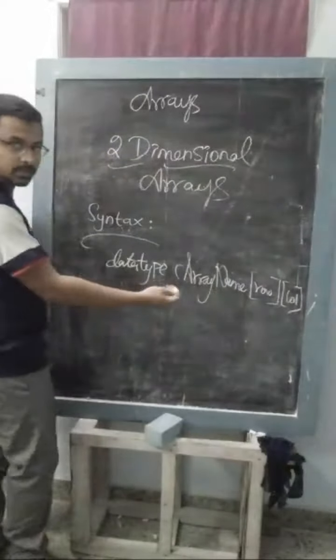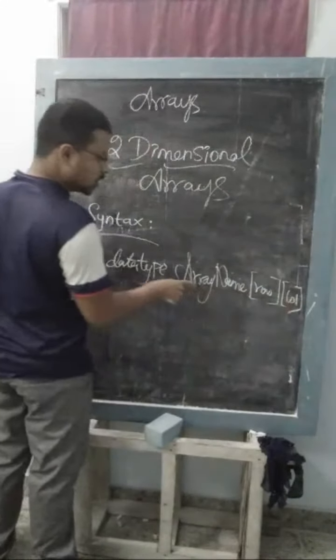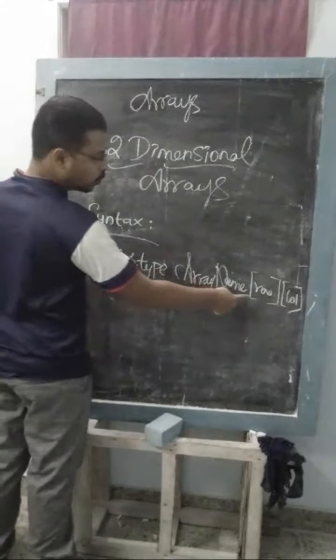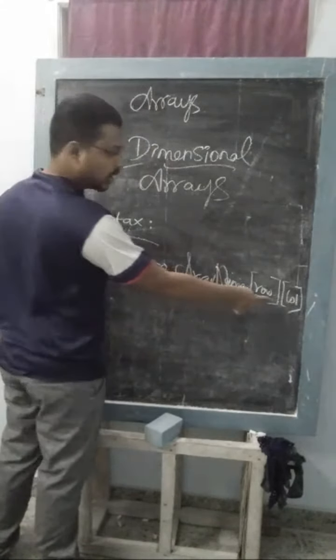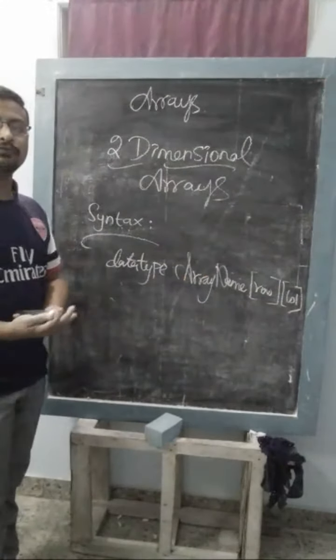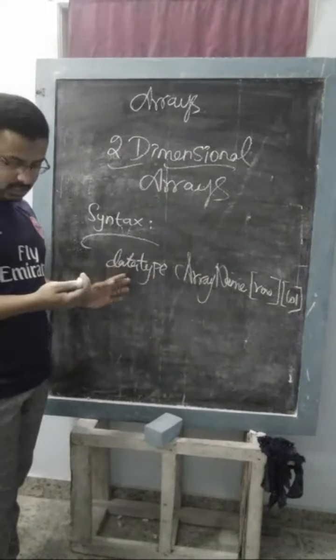There is no space between the array name and the row size and column size. You write data type, space, array name, open bracket, size of the row, then size of the column, semicolon. As we discussed earlier, we saw so many examples.